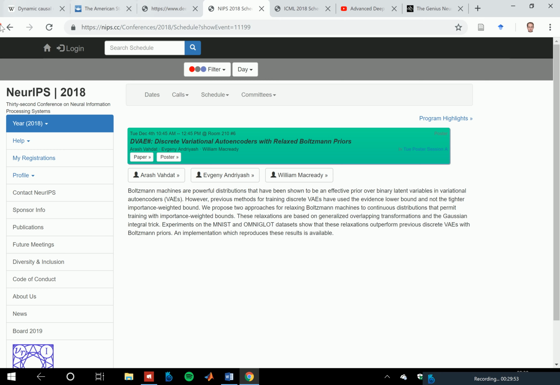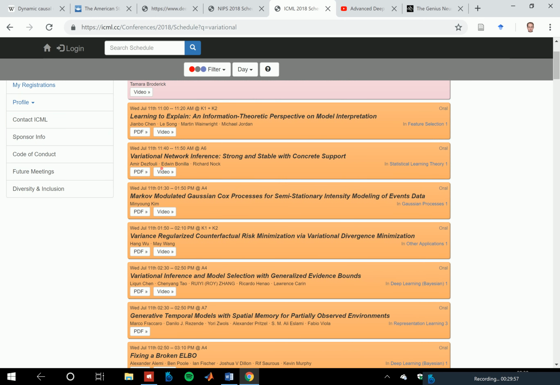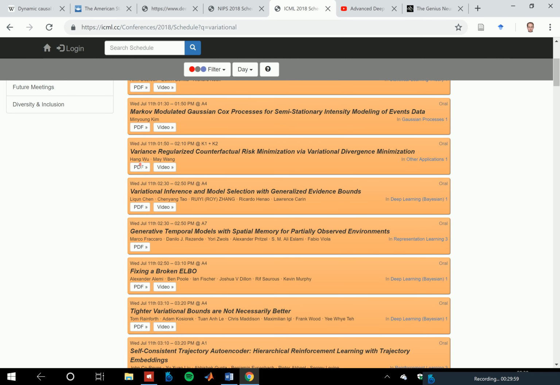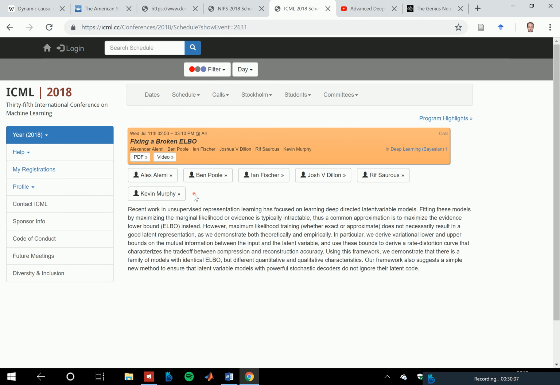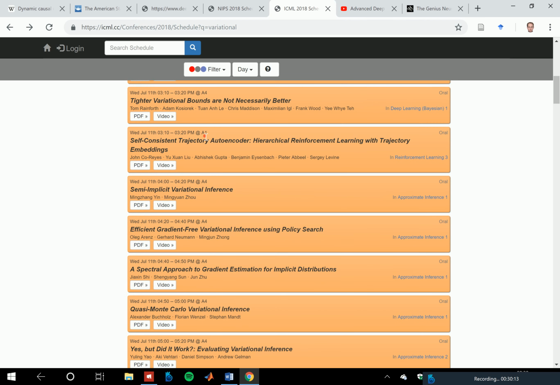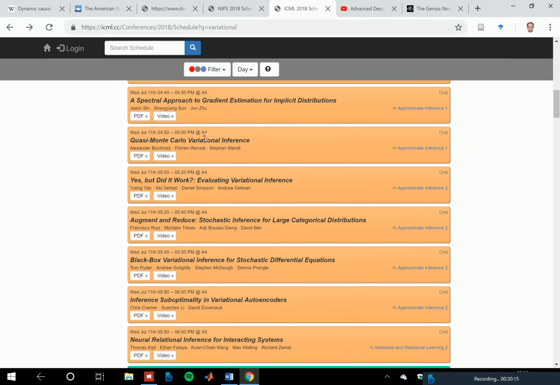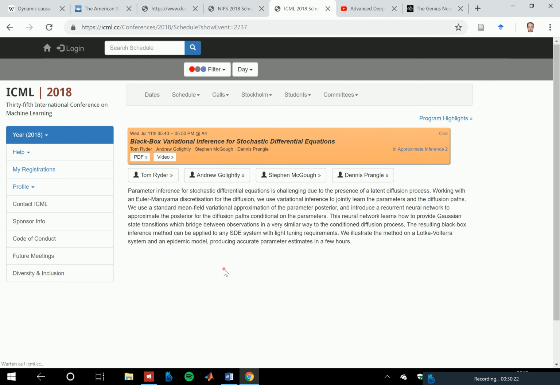And so what is definitely the case is that variational inference, variational autoencoders, and the ELBO, which is the evidence lower bound, a central quantity in variational Bayes, are all current topics in machine learning and artificial intelligence.